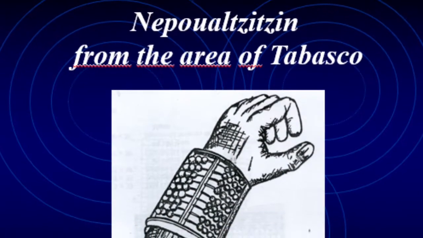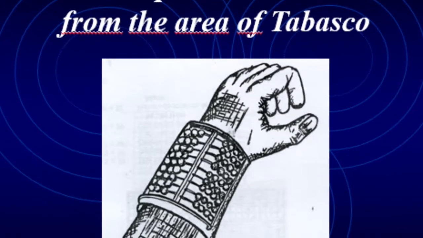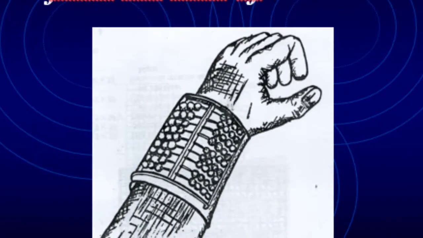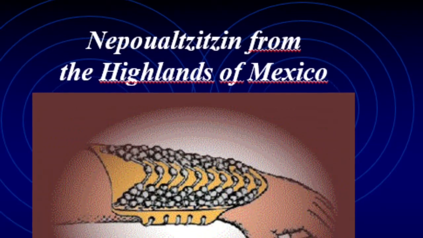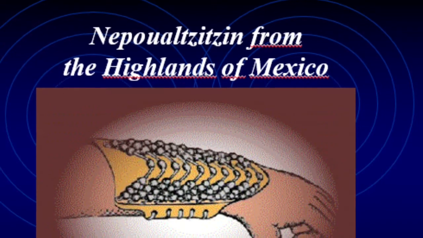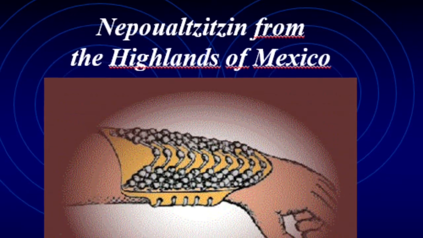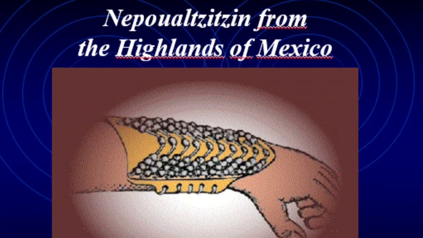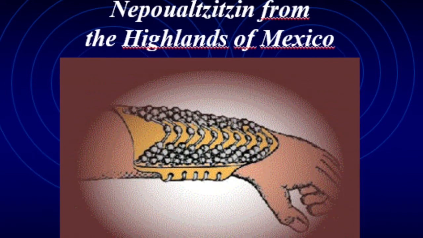There were other abacuses, such as this one from the area of Tabasco and the Gulf of Mexico, which were made with a basis of metal. And the next one in the slide you can see one with a base of leather from the highlands of Mexico. In the next slide we see a recreation of how it might have been used.